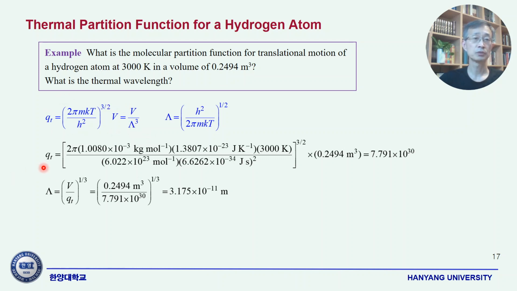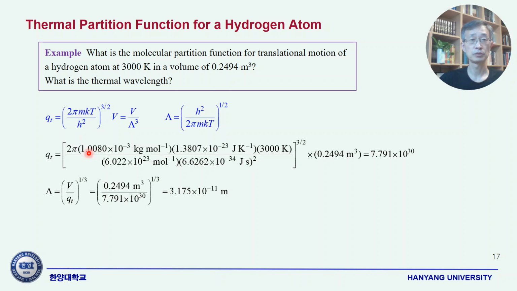So qT, so 2 pi, and this m is the weight of the hydrogen atom, but in this case we are going to use per mole, and then we can use this k per mole.